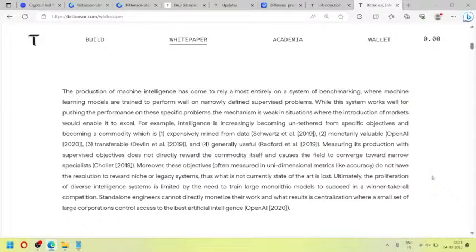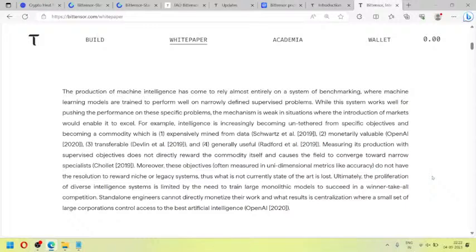Measuring production with a supervised objective does not directly reward the commodity itself and causes the field to converge towards narrow specialists. Moreover, these objectives do not have the resolution to reward niche or legacy systems. Thus, what is not currently state of the art is lost.